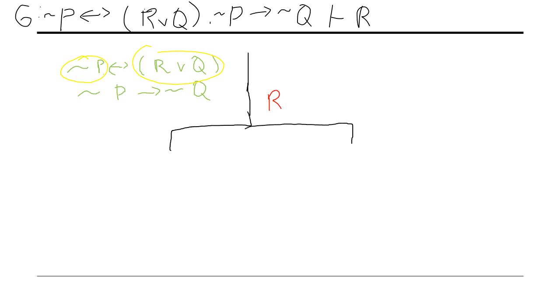So either both of them are true, or both of them are false. And again, I'm just getting rid of the parentheses when I'm putting them here and here, in case you're wondering where those are coming from.